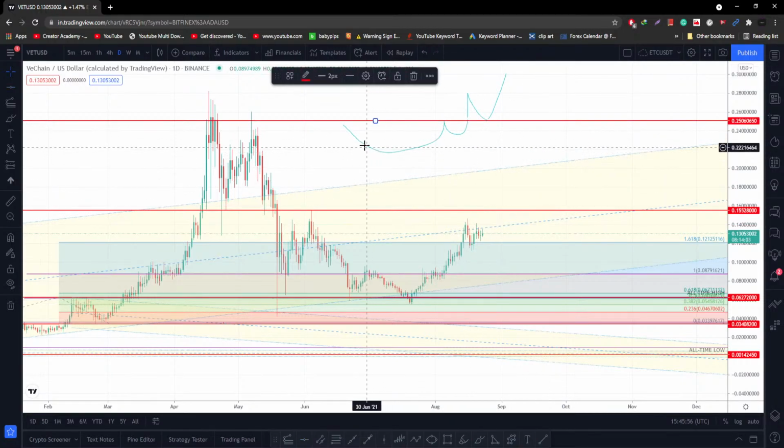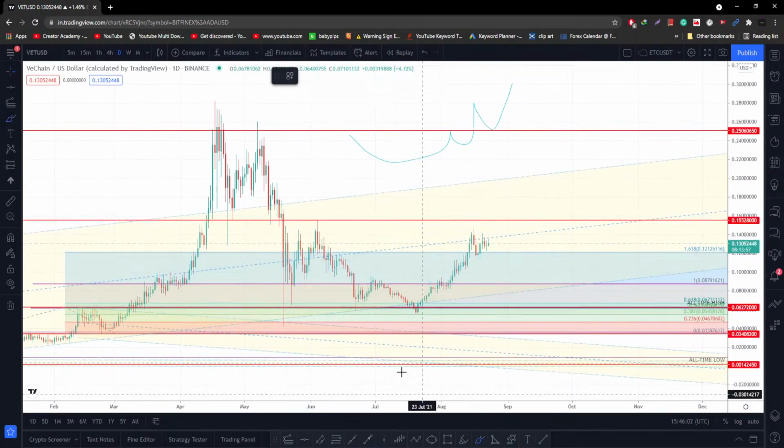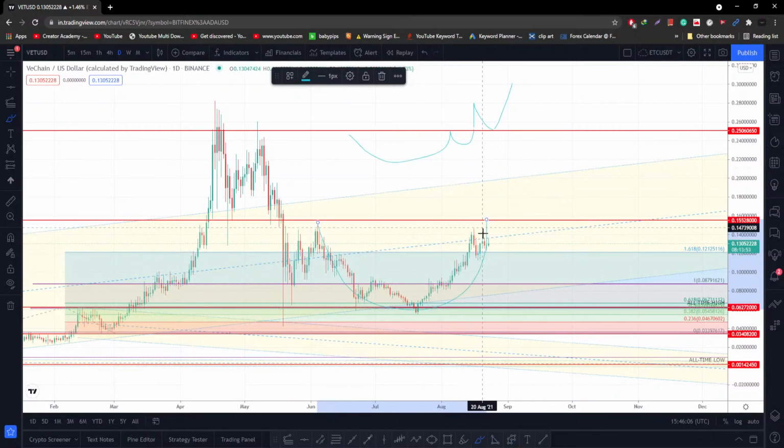Here is how you can compare it: this is a saucer, or you can say cup, and this small part is a handle. If the price goes back here, and then breaks out and comes back, I will be looking at this area as a buying opportunity, targeting this area. I hope you understand this one, right?